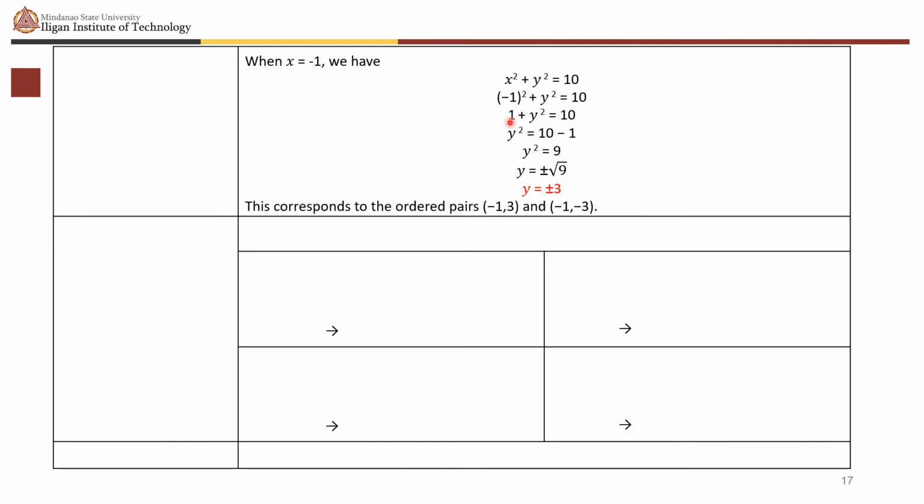So you have 1 plus y squared equals 10. Y squared equals 10 minus 1. So again, y is equal to plus or minus 3. So this corresponds to the ordered pairs (-1, 3) and (-1, -3).